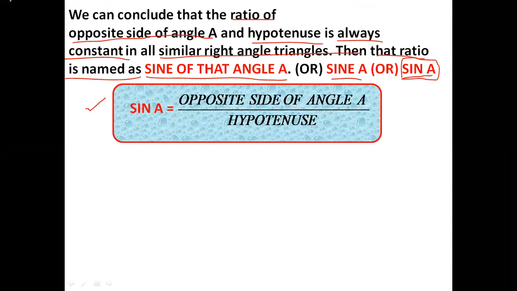Suppose in place of A, I take another angle, sine P. Then what is the sine P ratio?